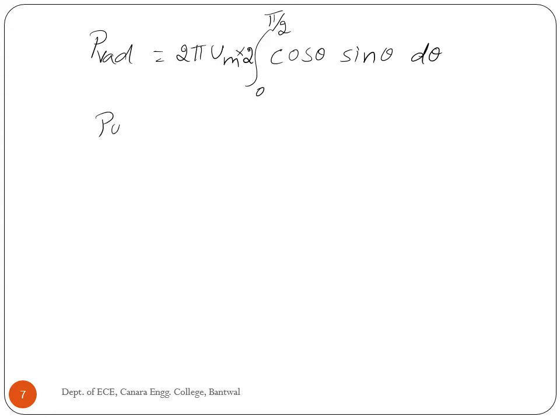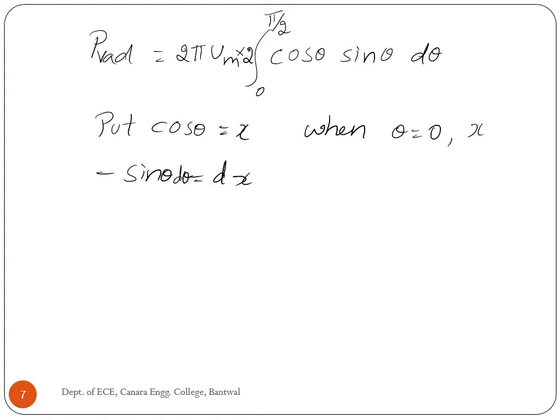Put cos theta equal to x, so sin theta d theta equals minus dx. When theta equals 0, x equals 1, and when theta equals pi by 2, x equals 0.